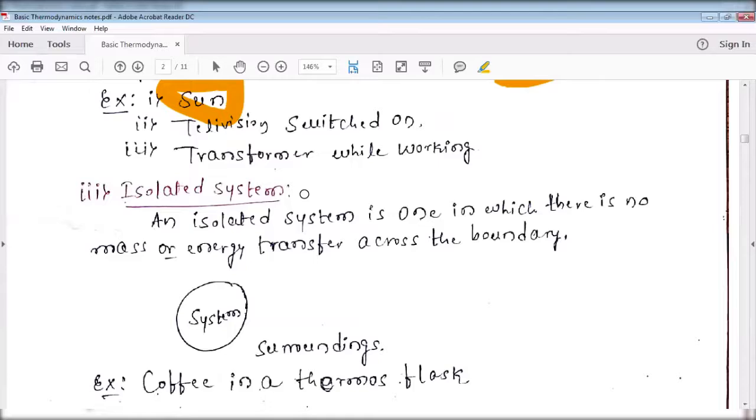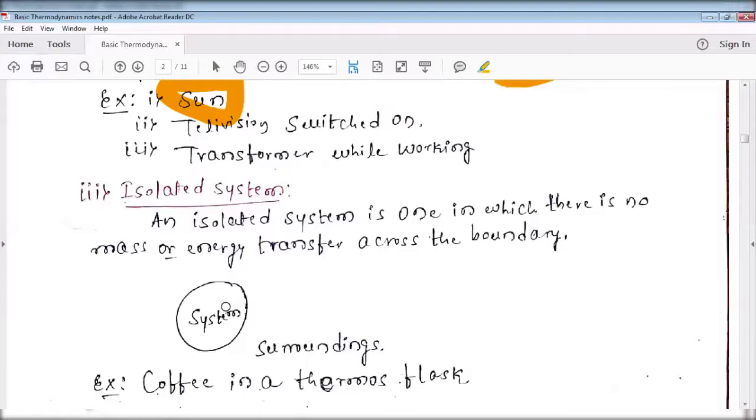Go through the definition. An isolated system is one in which there is no mass transfer or energy transfer across the boundary.